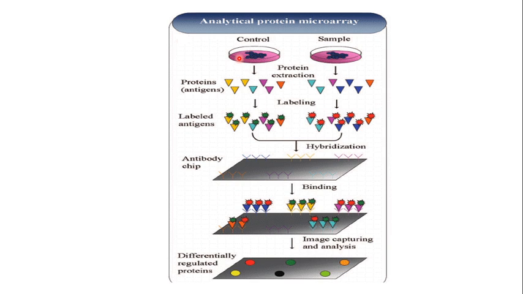This is the differential protein that has been expressed only in the sample that has been exposed to that drug, and not in the control. If you talk about the second one, here you are only getting the green fluorescence. That means these proteins are only expressed in the control and not in the sample.